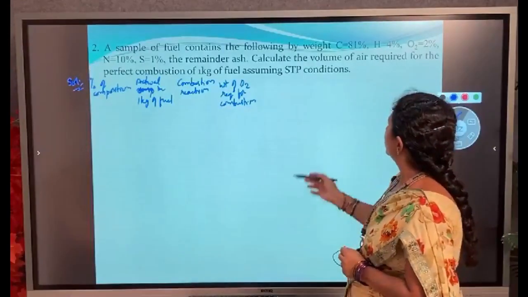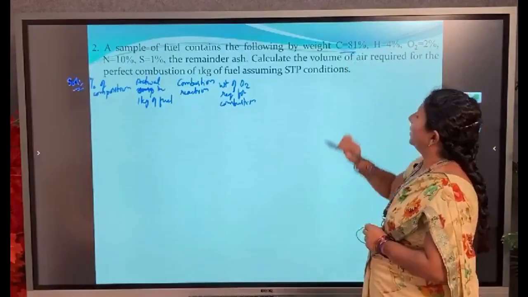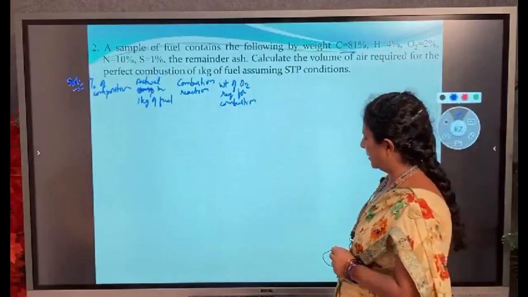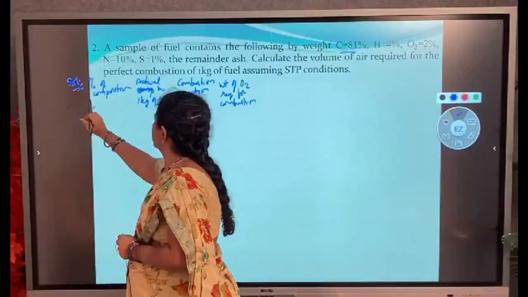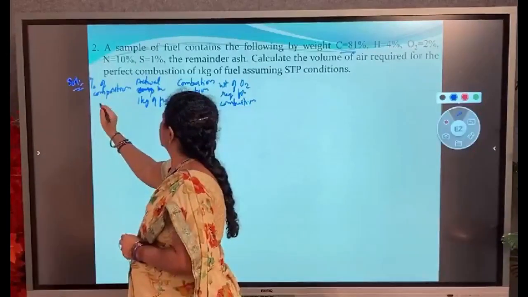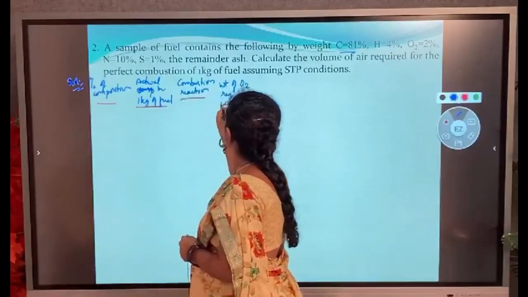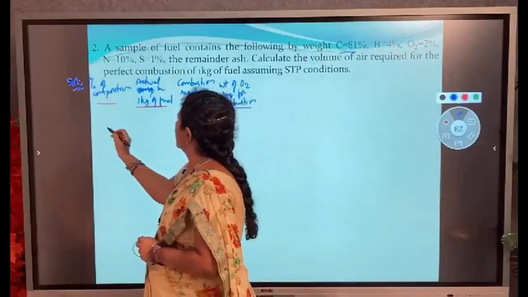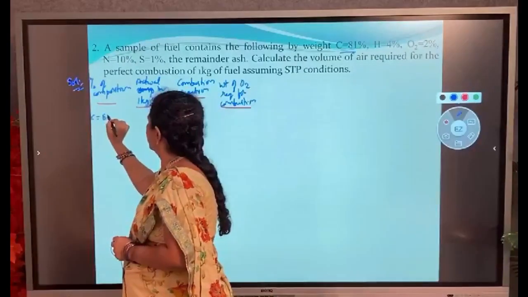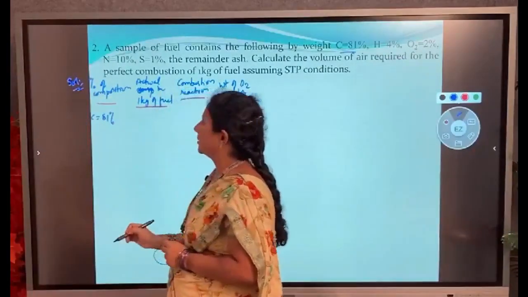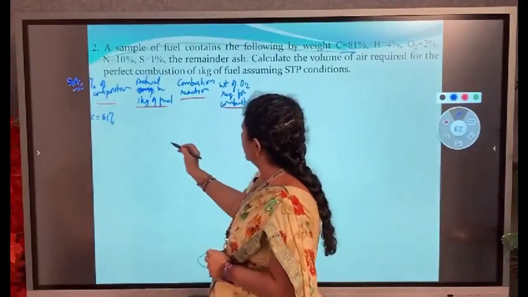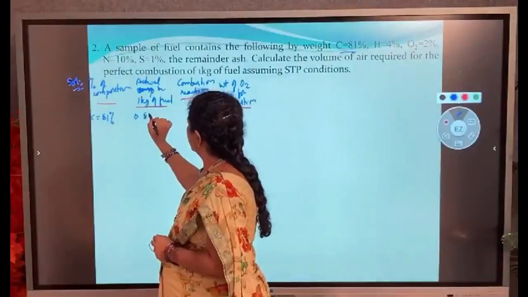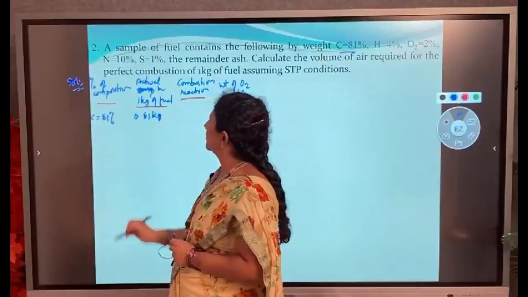So the first composition given is carbon 81%. Coming to the actual composition in 1 kg of fuel, it will be 0.81 kgs.